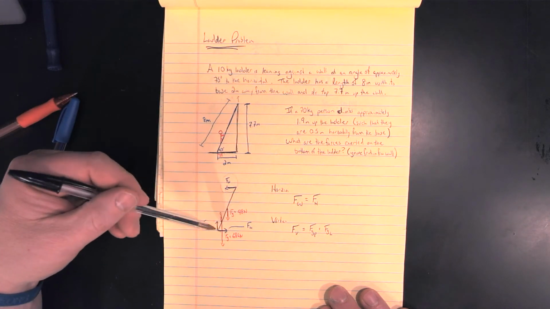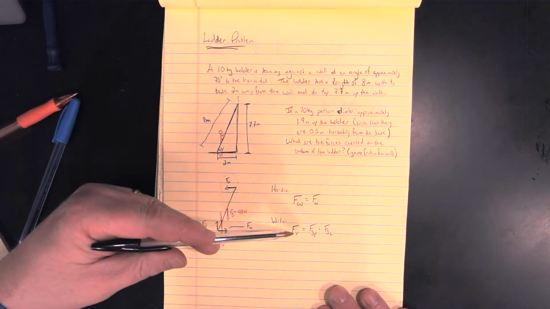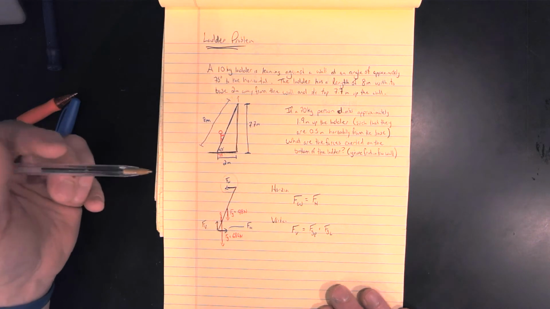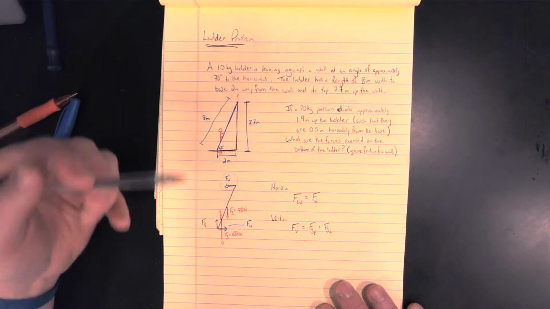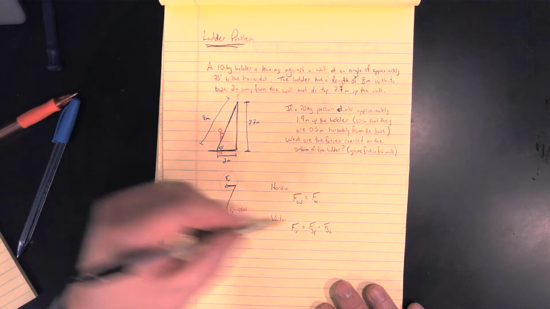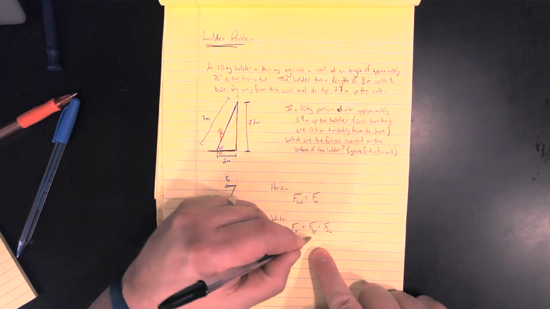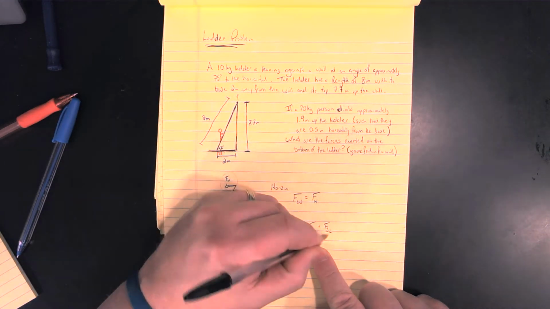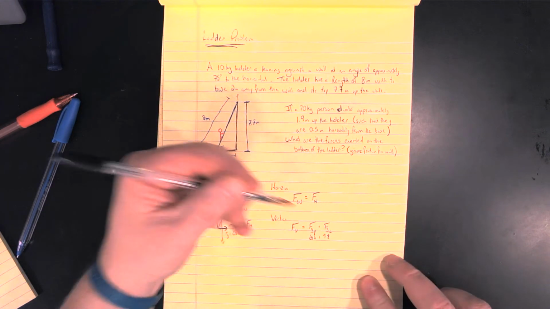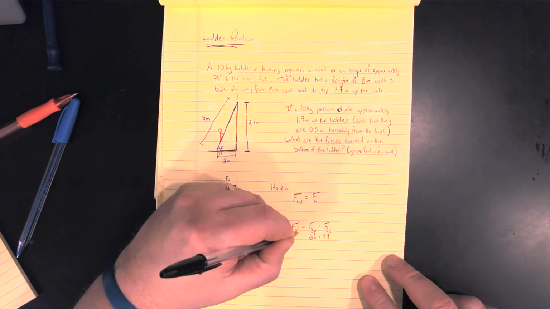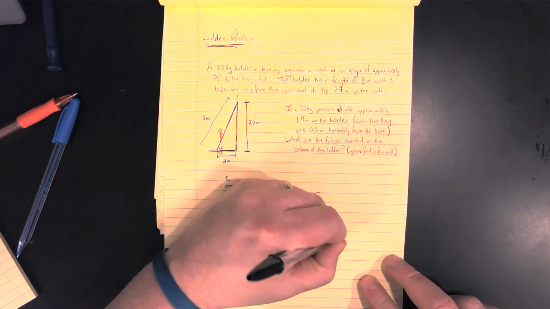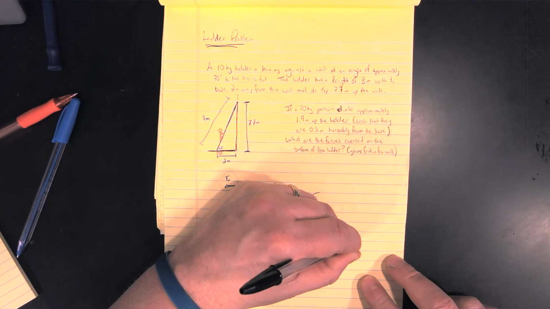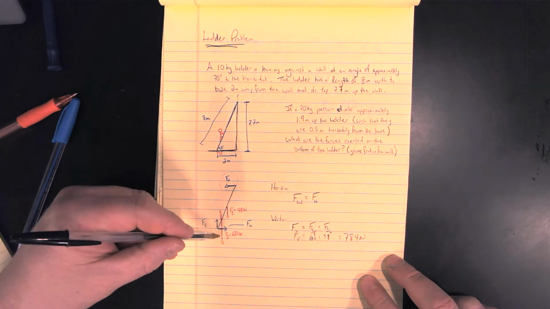Those are all my vertical forces, 2 down, 1 up. Those have to be equal because, again, we're in equilibrium. So right now I can find force vertical. That part's easy. I've got the 686 and the 98, so force vertical is going to be a whopping 784 newtons.